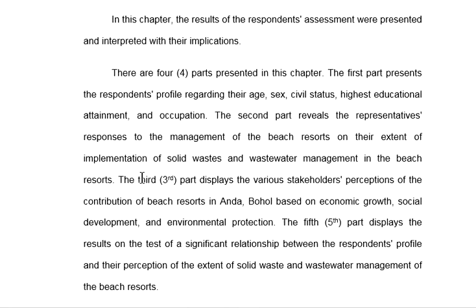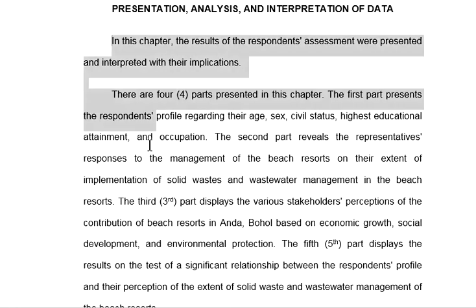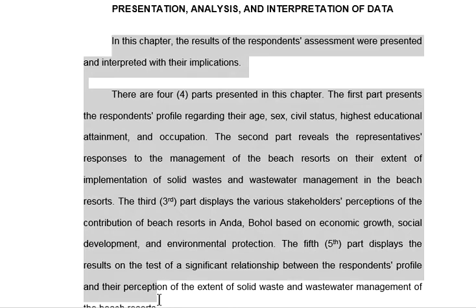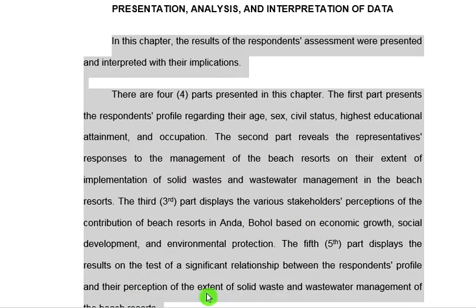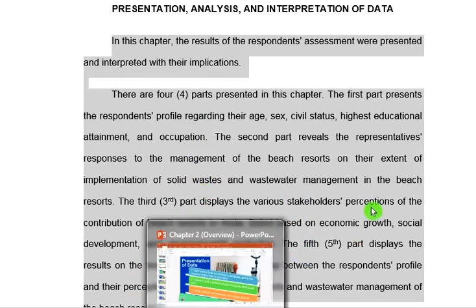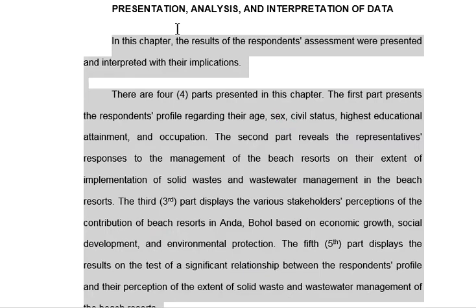So this is the brief introductory, or in other words, a general statement. Your statement here must discuss all of chapter 2, all the presentation of your data, using a general statement.